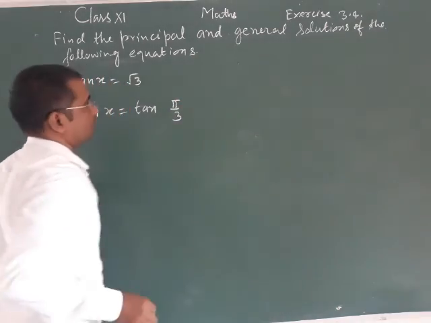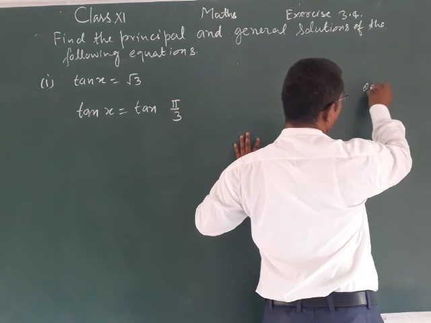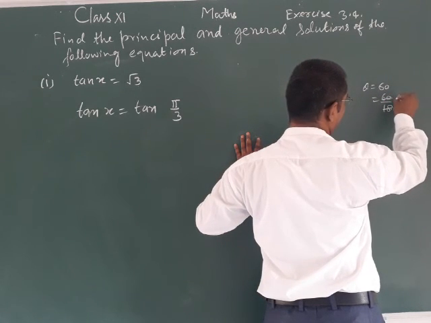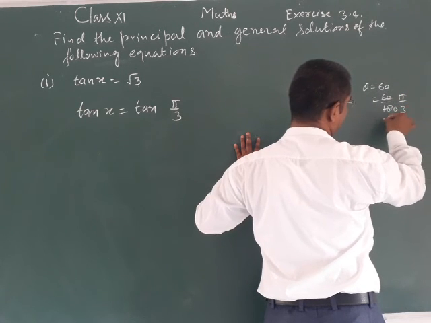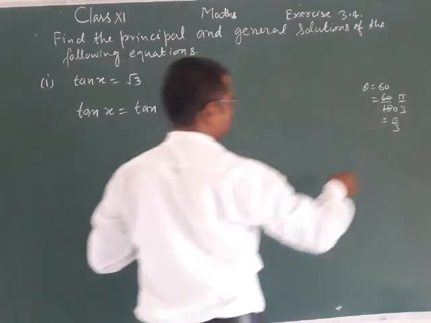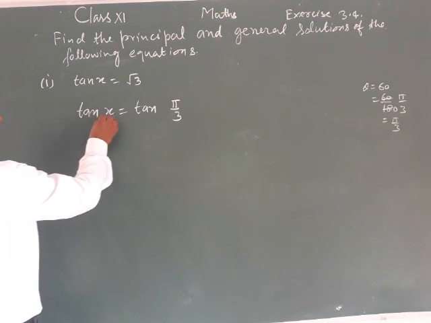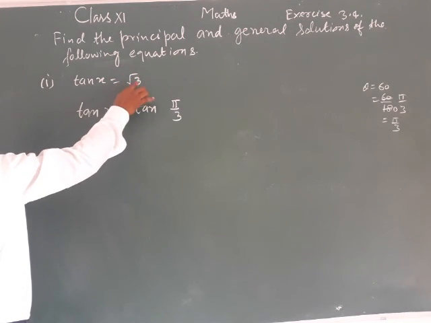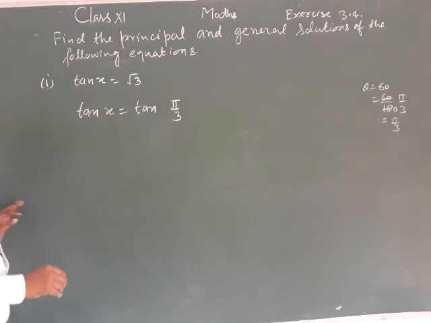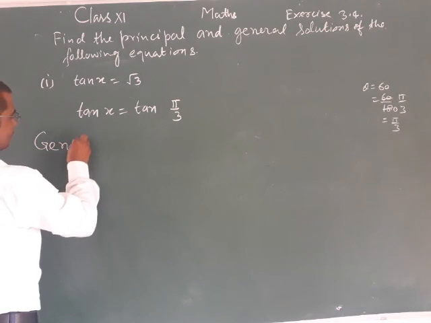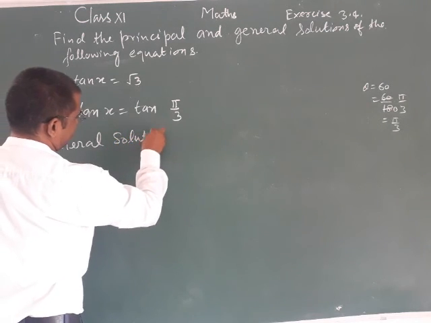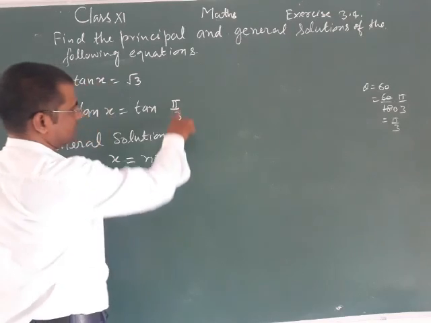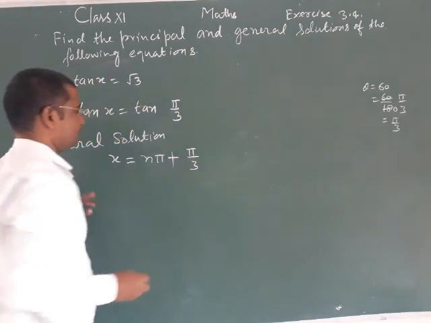So the general solution of tan x is equal to root 3 is, with the angle pi by 3, x is equal to n pi plus pi by 3.